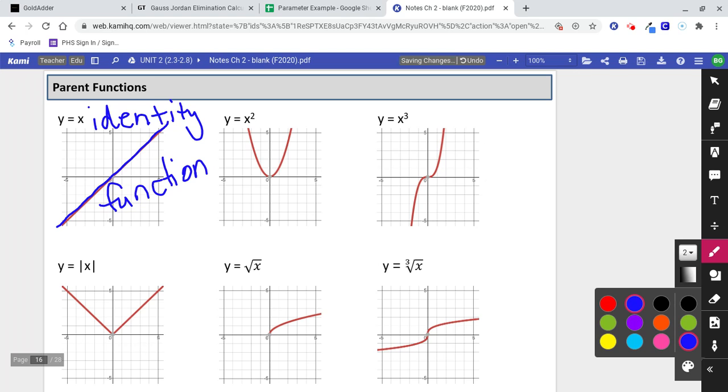But the identity function is just that line. It's y equals x. And how you can think of it is a number is going to keep its identity. So think about if you plug in a number like 47. If you plug in 47 for x, 47 is going to come out for y. That number retains its identity. That's the identity function. So mainly just memorize the shapes and what they look like.